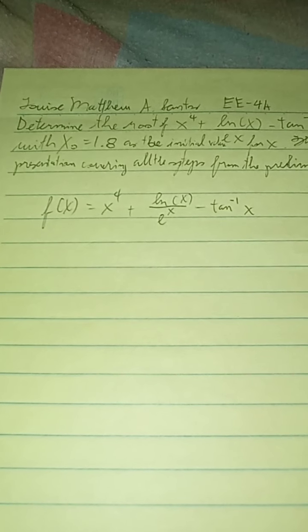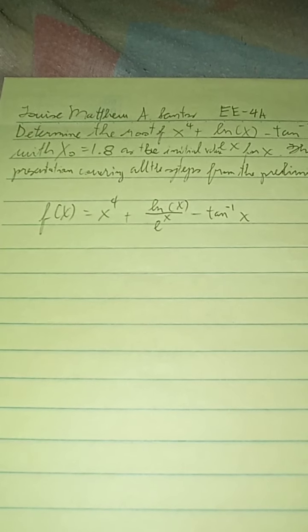So let's find the derivative of this equation. F of x is equal to x raised to 4 plus ln of x over e raised to x minus inverse tangent of x. Ln of x is u and e raised to x is v.